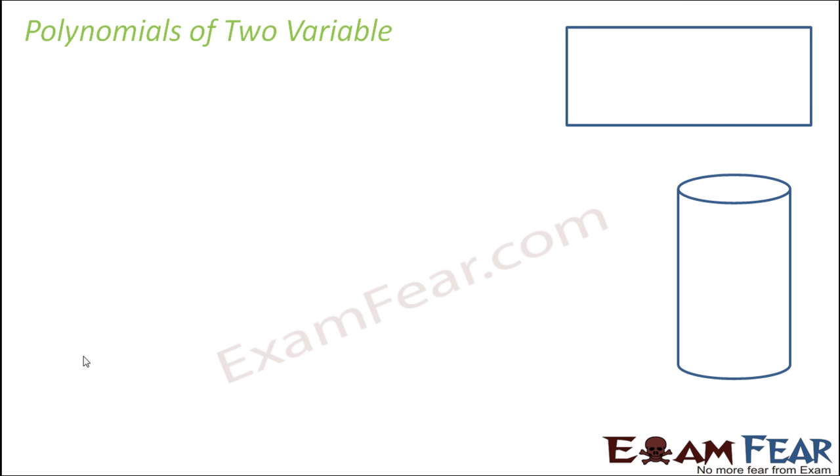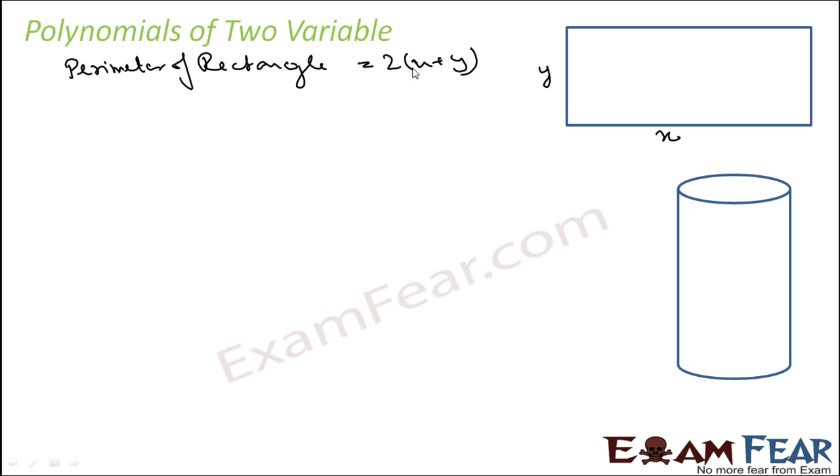Okay. Let's talk about scenarios for polynomial in two variables. Instead of square, let's take rectangle, and this x be the length, y be the width. So in this case, the perimeter will be what? Perimeter of rectangle, if you want to create a general formula, will be 2 into x plus y, or I can say 2x plus 2y.